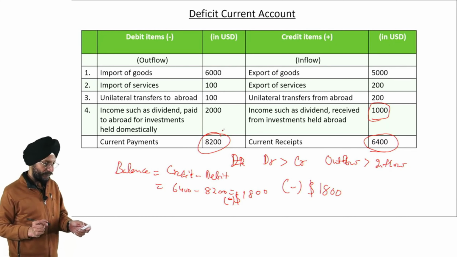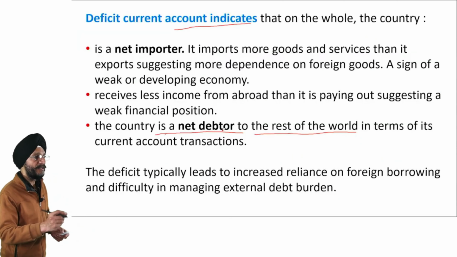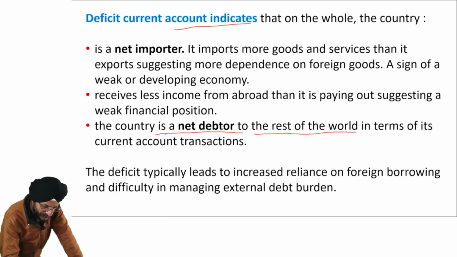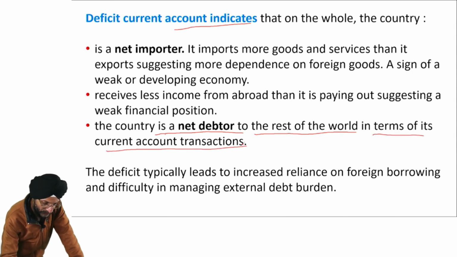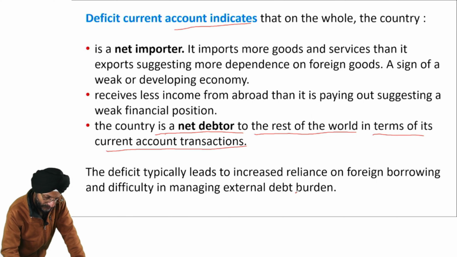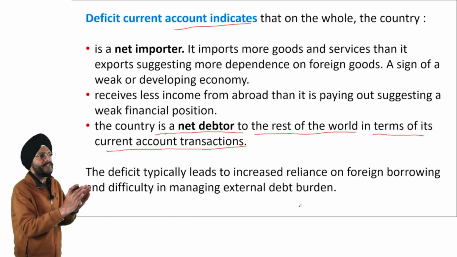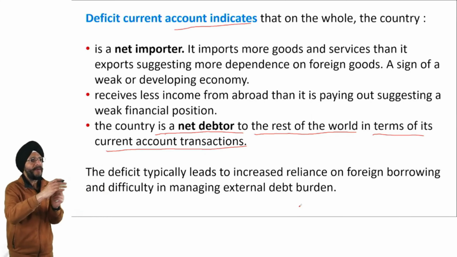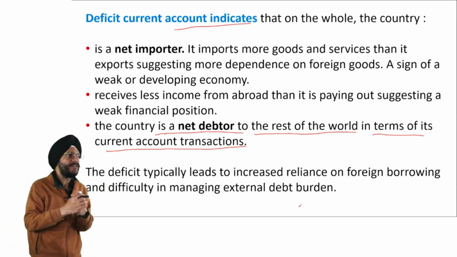So here the deficit current account indicates that the country is a net debtor to the rest of the world in terms of its current account transactions. Now, when there is a deficit, that is, outflow is more, how will it be met by the government of the country?